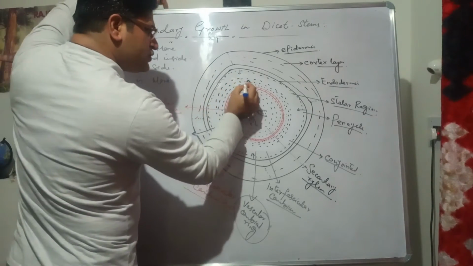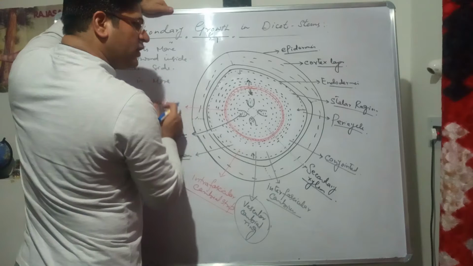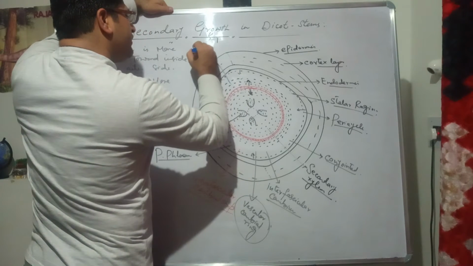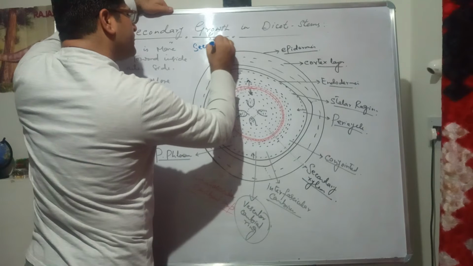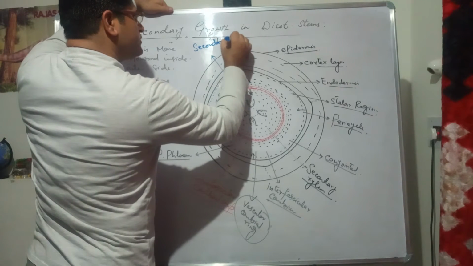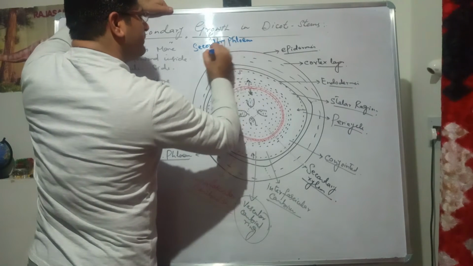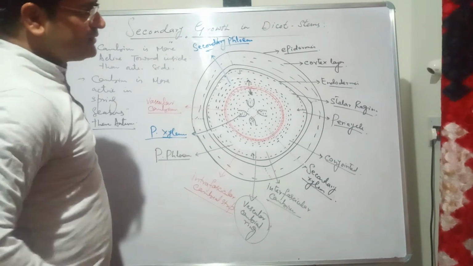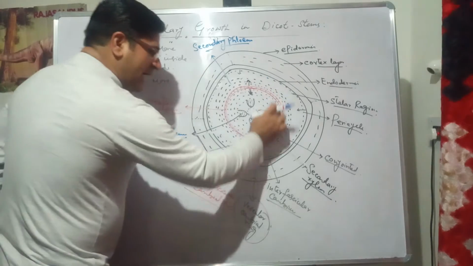Then this tissue which is formed outside of the cambium ring is known as secondary phloem. It is known as secondary phloem tissue. Okay, I hope now you have understood the cambium activity.